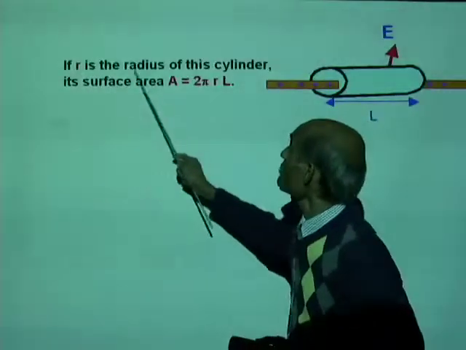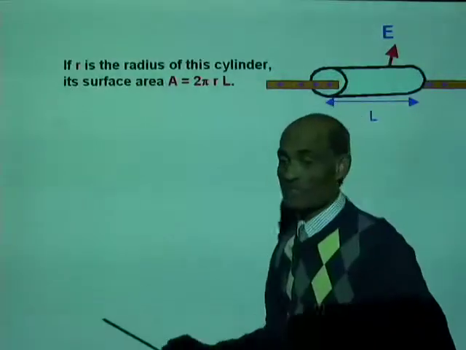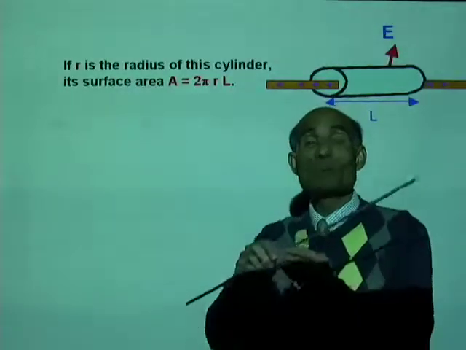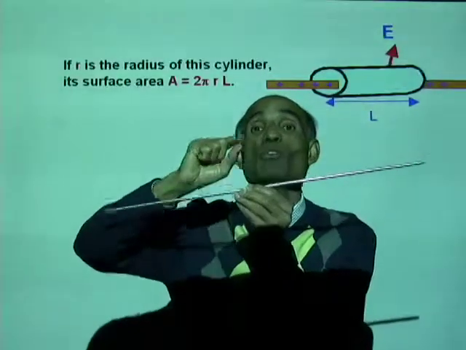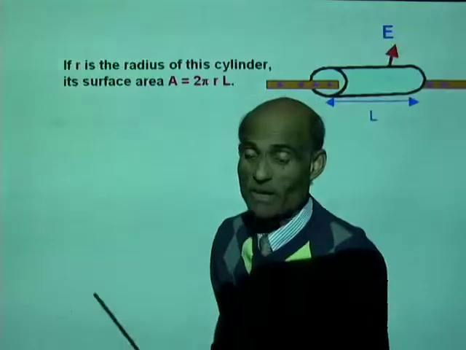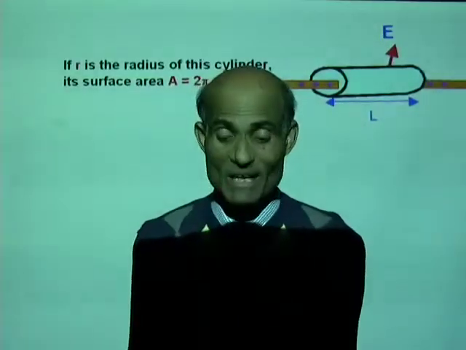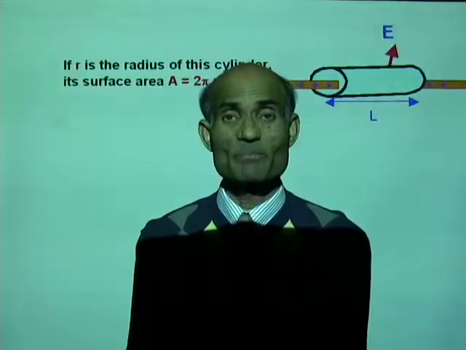Now, if R is the radius of this cylinder, the cylinder we constructed has a radius R, meaning R is the distance of the point where you want to find the electric field. Then what is the surface area of this cylinder? Can you figure out the surface area of the cylinder?